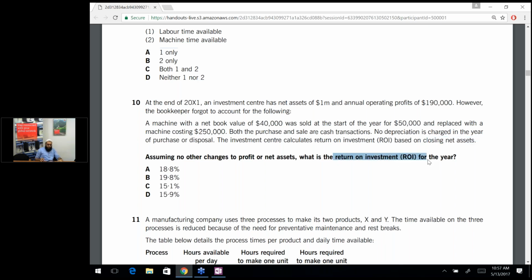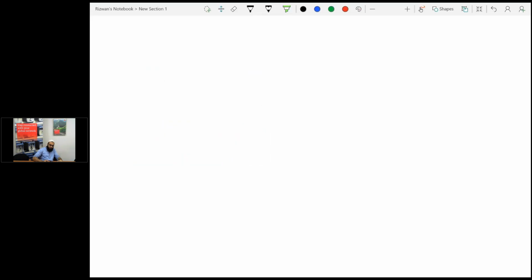Calculate what is ROI. So it's a simple mathematical question. Now, how much is the gain on disposal? I already told you. 50 minus 40 is gain on disposal. So what will the working be?